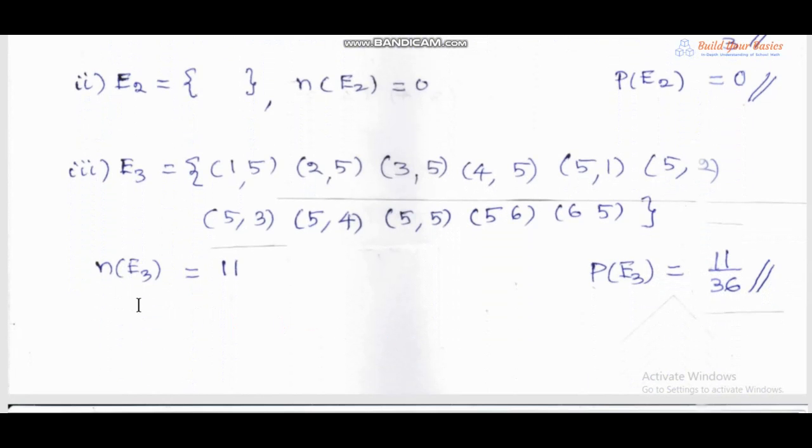Number of elements in E3 is 11. So the probability of getting product of face numbers divisible by 5 is 11 by 36. That's all.